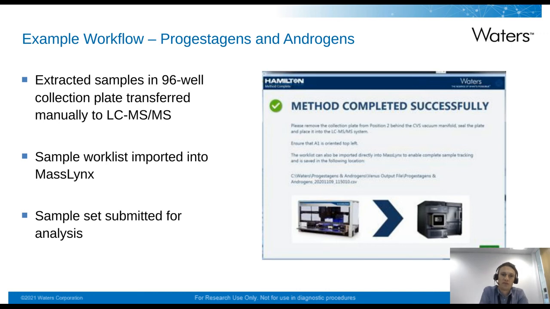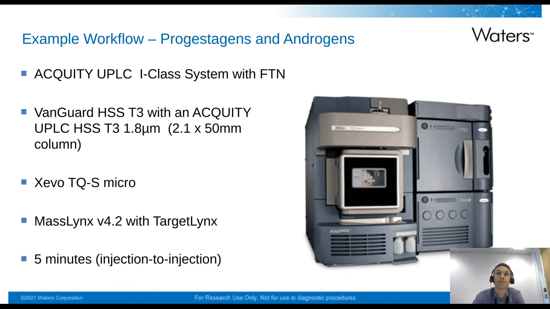Once the extraction run was completed, the collection plate was transferred manually into the LC-MS/MS for analysis, and the MassLynx sample lists were created from the output file generated directly by the Hamilton software. Extracted samples were injected using the ACQUITY UPLC I-Class FTN, and samples separated using an ACQUITY UPLC HSS T3 column with dimensions of 2.1 by 50 millimeters and a VanGuard pre-column.